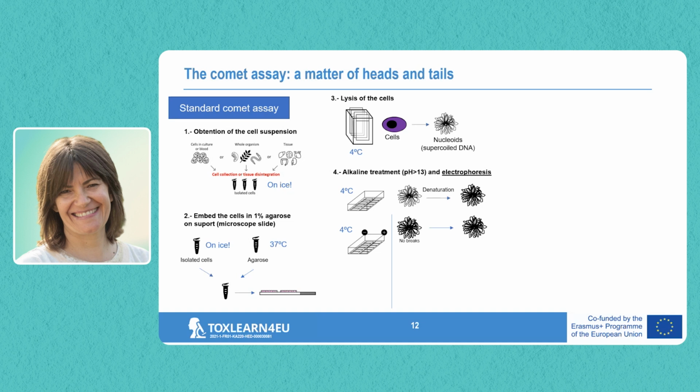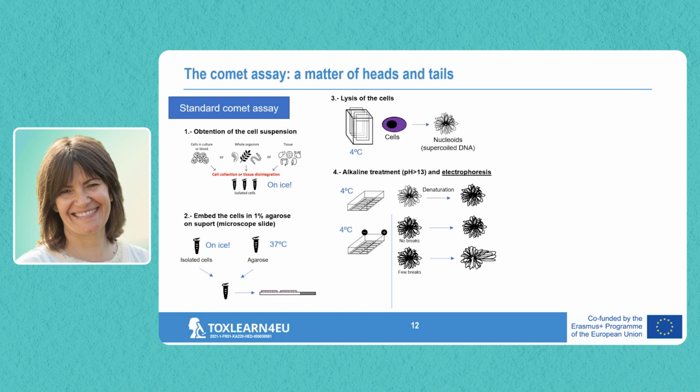Let's imagine that the electrophoresis is going on, and we don't have breaks in our nucleoids. After the electrophoresis, it's like nothing happened. There are no breaks. Let's imagine that we have a few breaks. Then after the electrophoresis, the loops that contain those breaks are able to migrate.